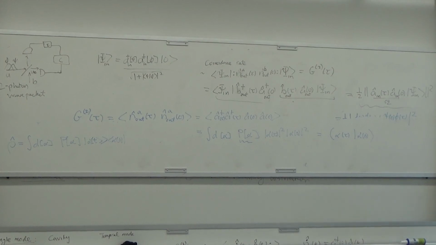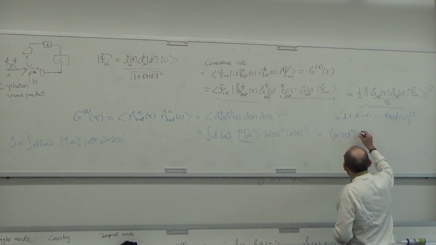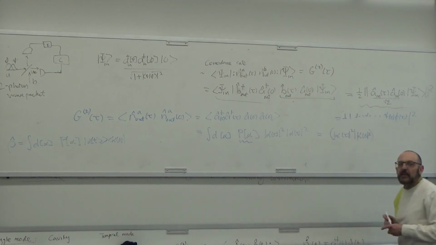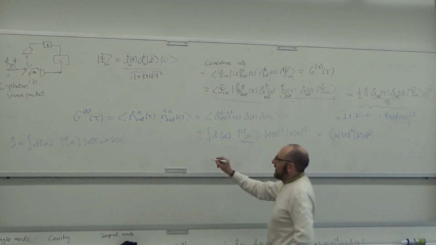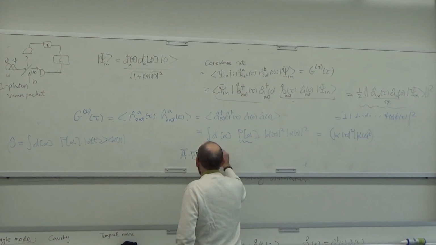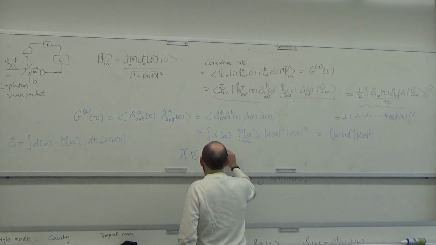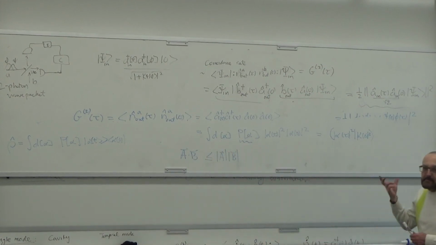Now by the Cauchy, oh no, so I swear, and these are squares. By the triangle inequality, or the Cauchy-Schwarz inequality, we know that A dot B is less than or equal to the magnitude of A times the magnitude of B, right? And the magnitude is the square root of the inner product of the thing with itself.